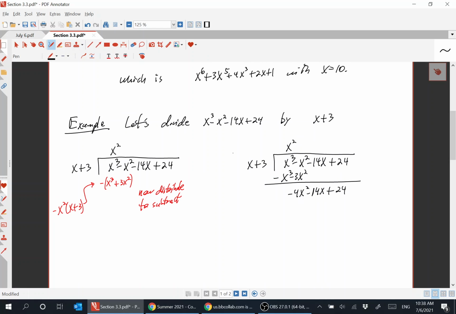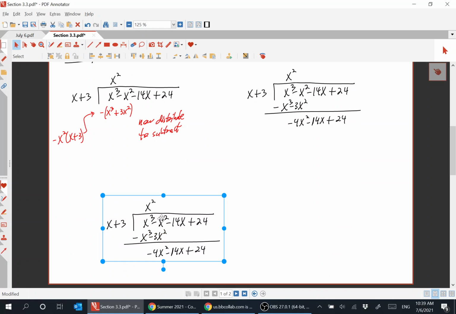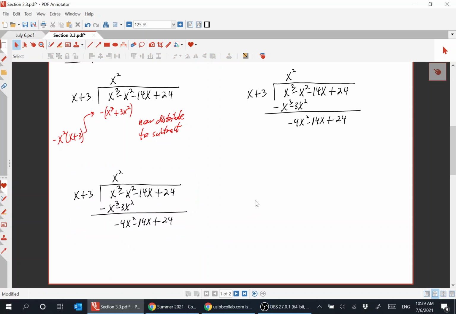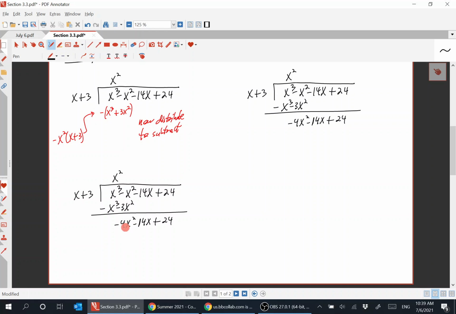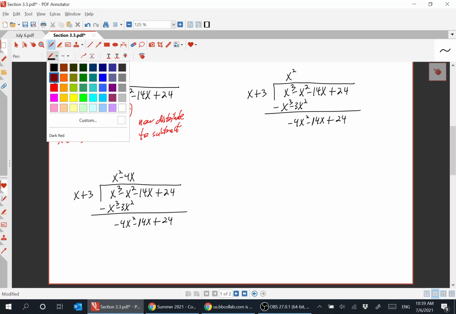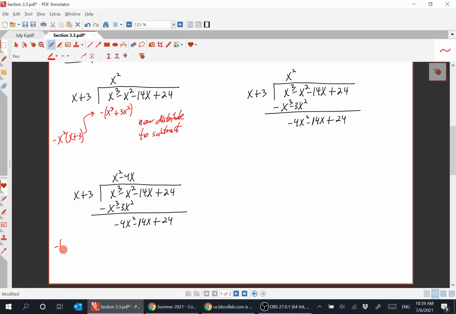Now, what do I need to multiply x by to get minus 4x squared? What do I need to multiply x by to get negative 4x squared? Well, minus 4x. So now I take minus 4x and multiply by x plus 3.